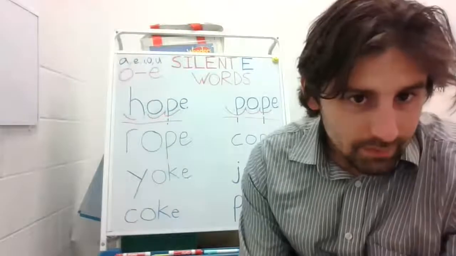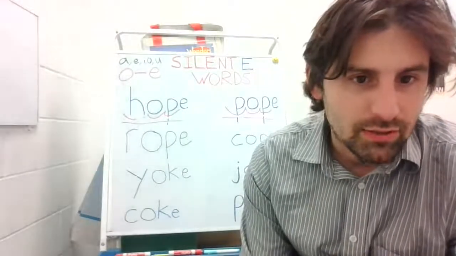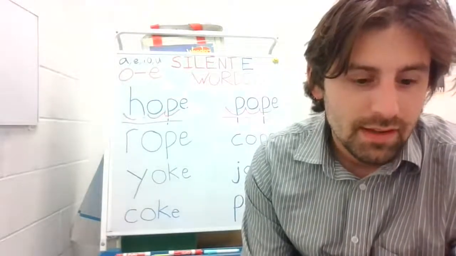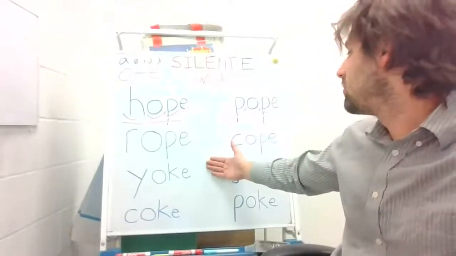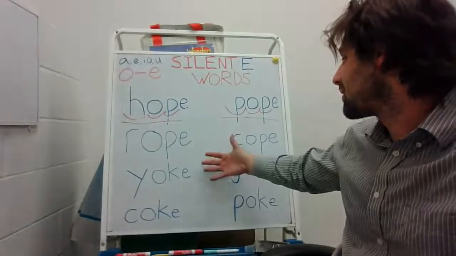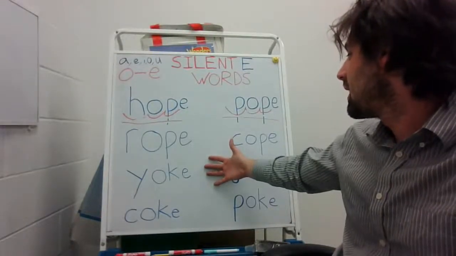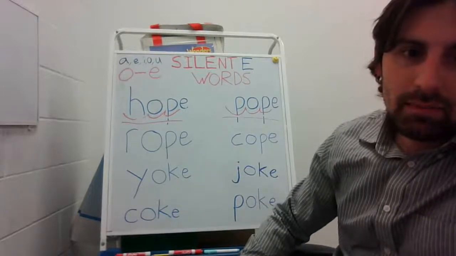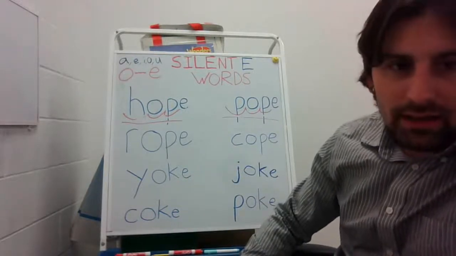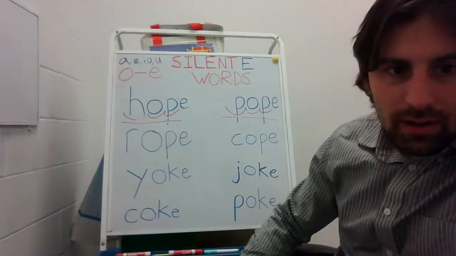So, this is for my students. On the Google Classroom, the assignment is to select five of these words and use each of them in a sentence. So I want you to pick 5 of these 8 words and use them in a sentence.